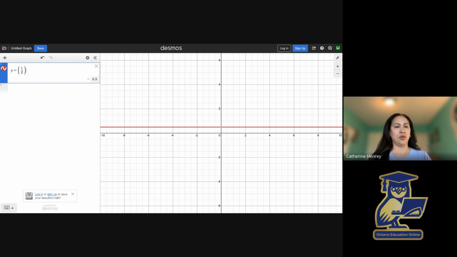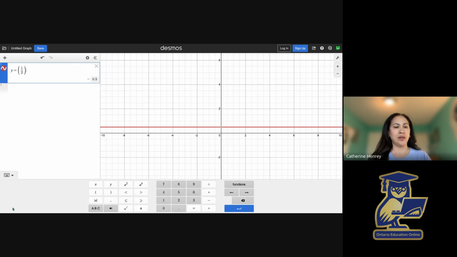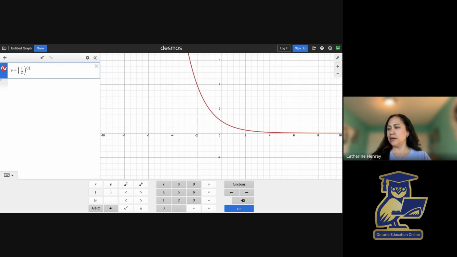Tab over, go down to the keyboard at the bottom, and select a to the power of b. Then in brackets, I'll put x minus 1, and close our brackets. That was the left side of our exponential equation, and we can see that it is a decay equation.